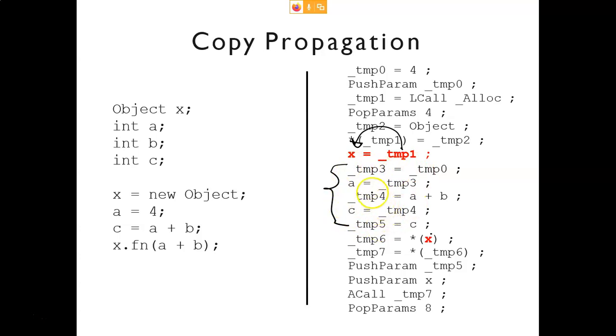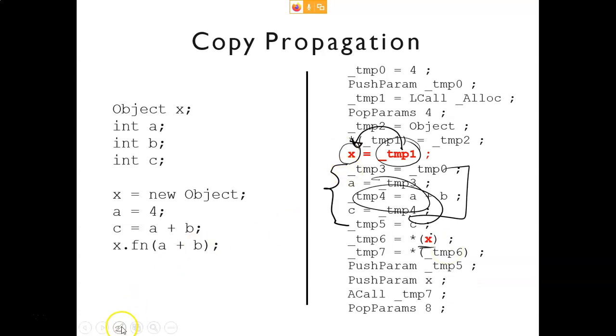You should not change the value of X, and you should not change the value of temp1. Basically, the values of X and temp1 should not change in this middle part. Then you can replace this X with temp1.